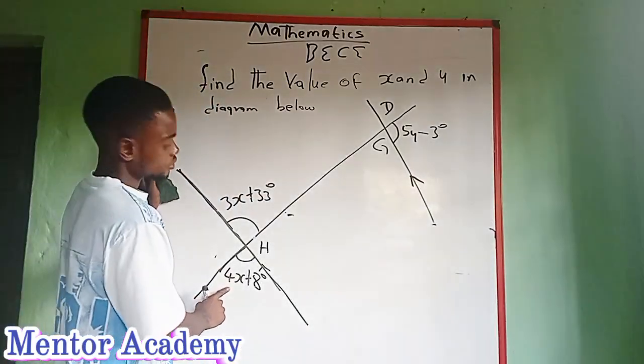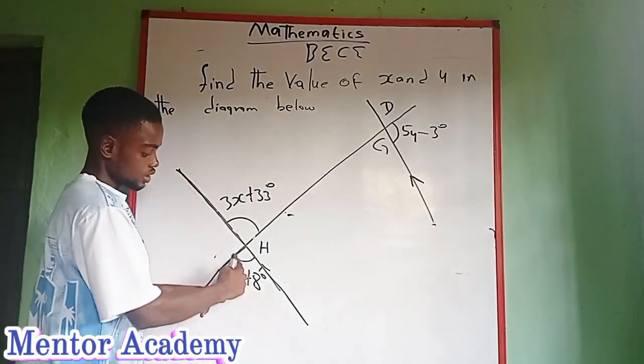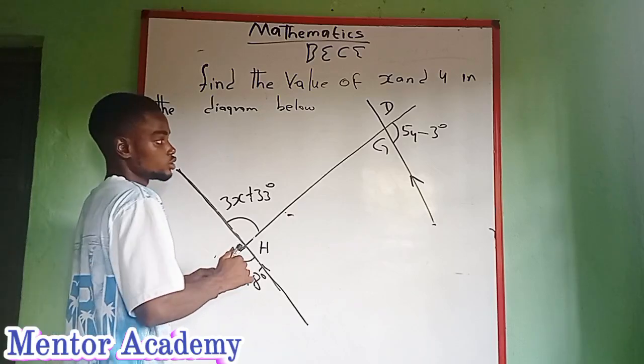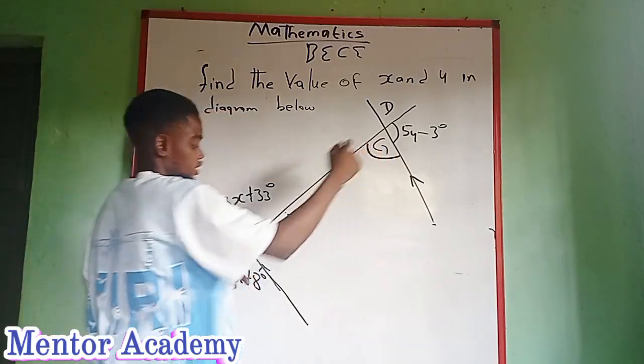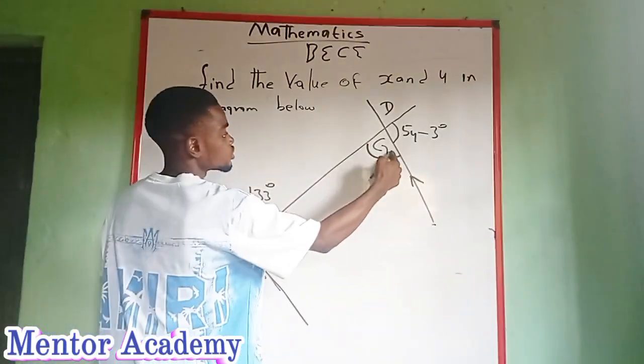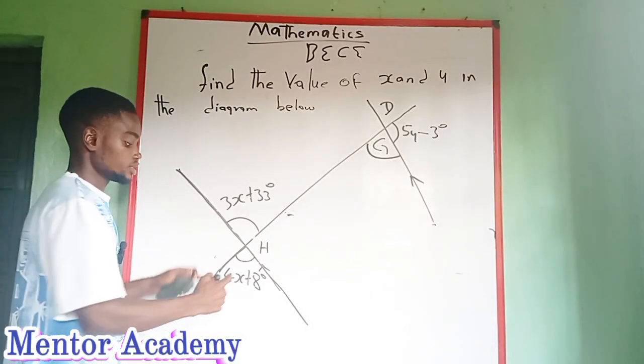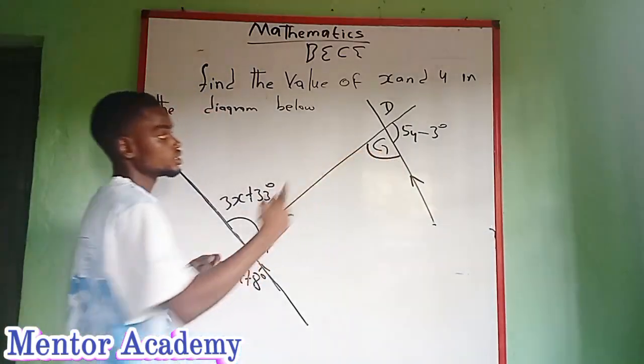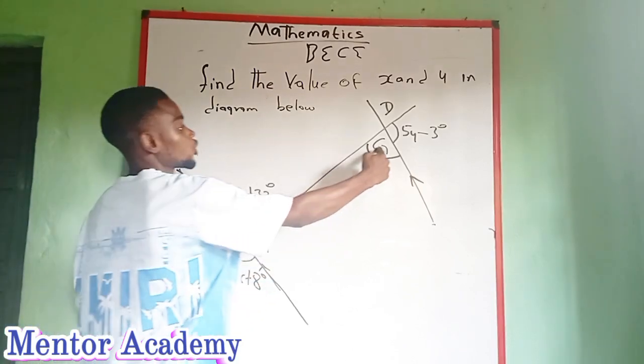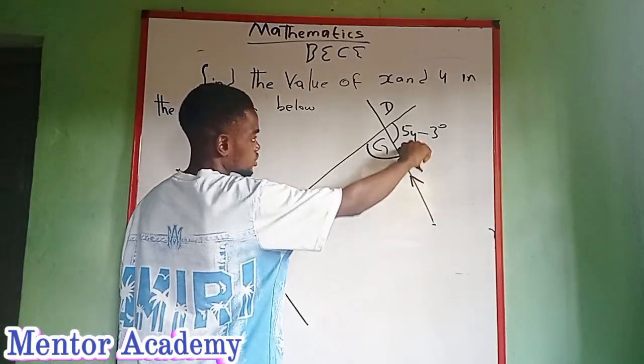This angle here corresponds to G over here. This angle is equal to this angle, G. And I'm not looking for G.